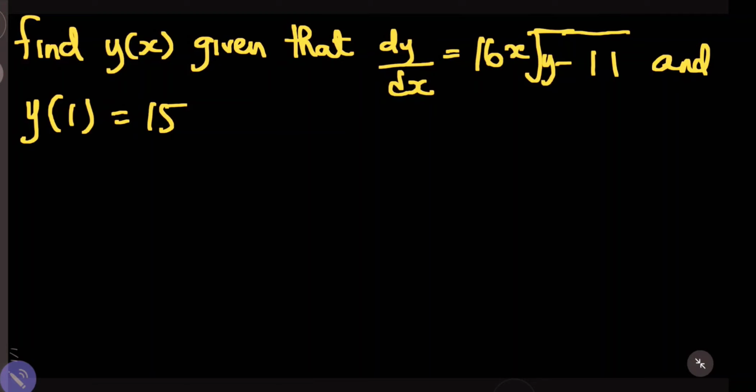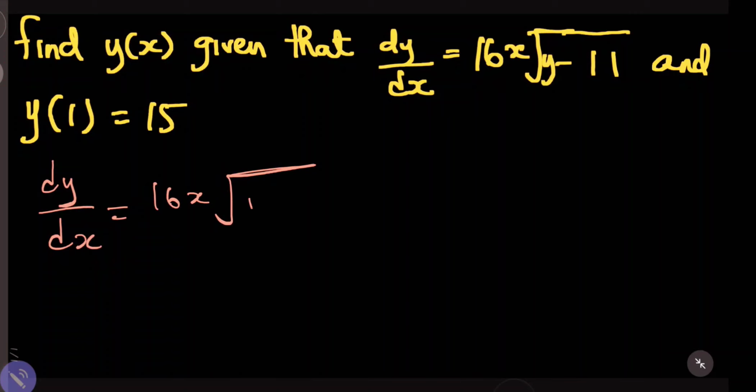So first of all, you have that dy/dx is equal to 16x root y minus 11. So this means you can bring like terms together, and in terms of y, it would go over to this side.